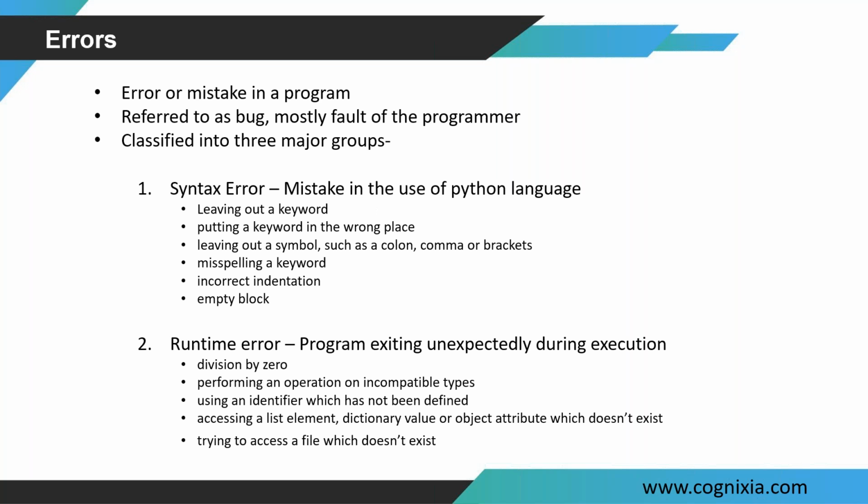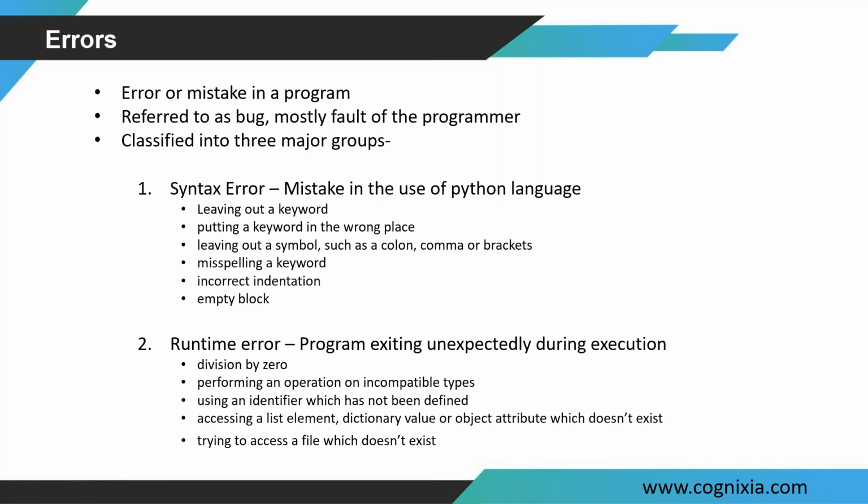So syntax error is obviously when you have written something with wrong syntax, like leaving out a keyword, putting a keyword in the wrong place, leaving out symbols such as a colon, comma, or brackets, misspelling a keyword, incorrect indentation in the block. That is your syntactical error. Right? That is purely your error. Okay, so that is one type of error.